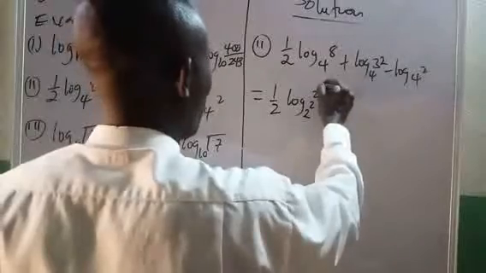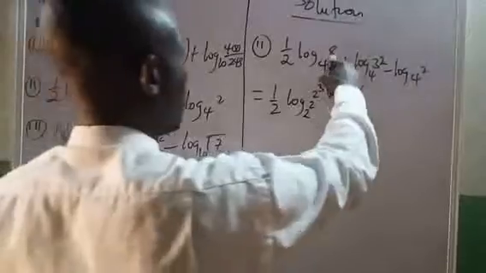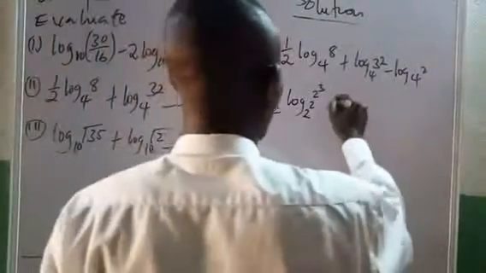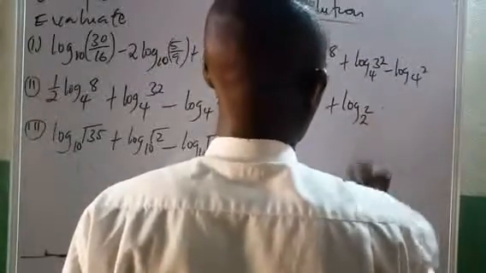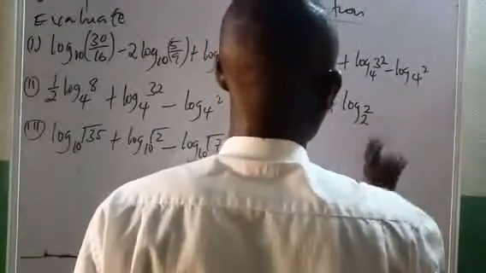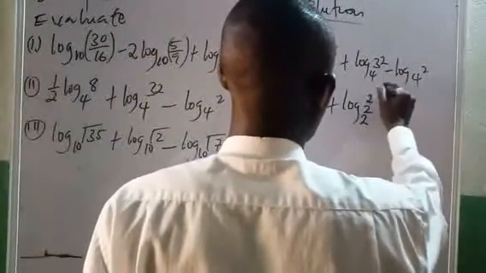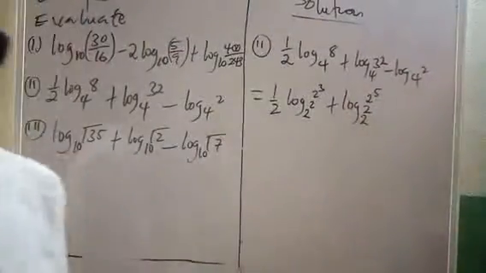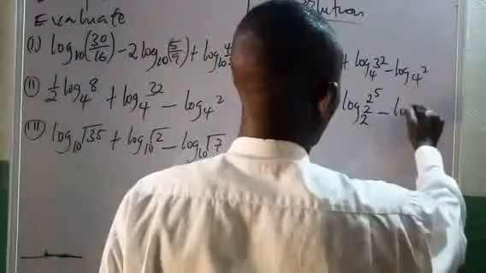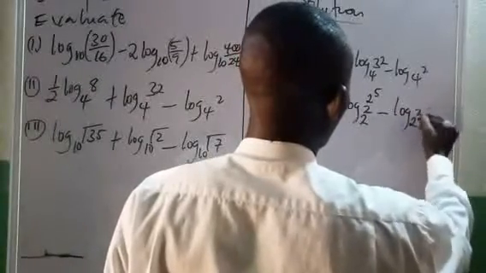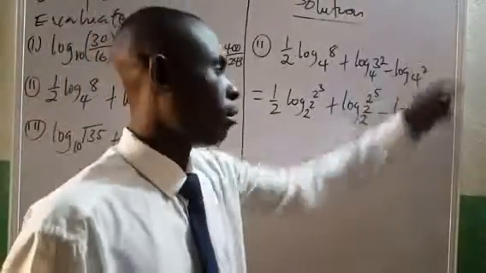Here is 2 raised to the power of what? 3. 8 is 2 raised to the power of 3, plus log 2 raised to the power of 2. Then 32 is 2 raised to the power of 5, minus log 2 raised to the power of 2, 2 raised to the power of 1.